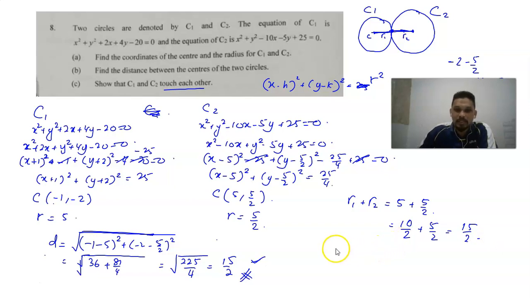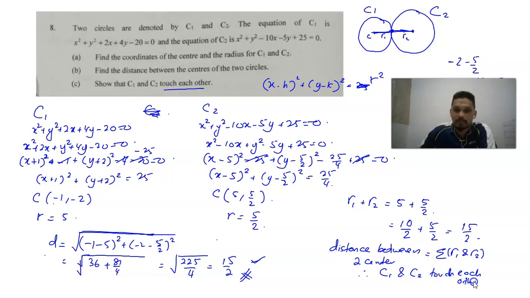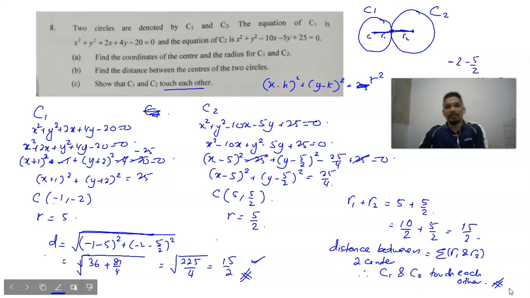So the distance between the two centers equals the sum of the radius of circle 1 and the radius of circle 2, R1 plus R2. So we come to the conclusion that C1 and C2 touch each other. There you go.